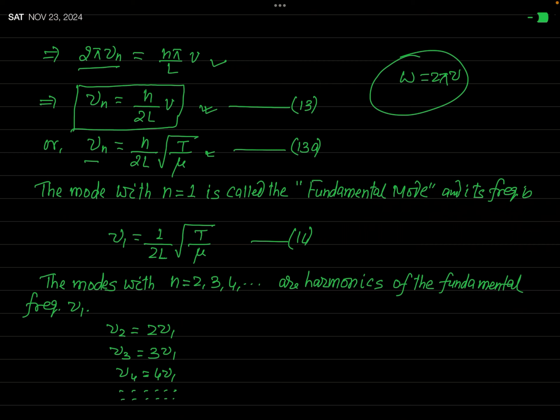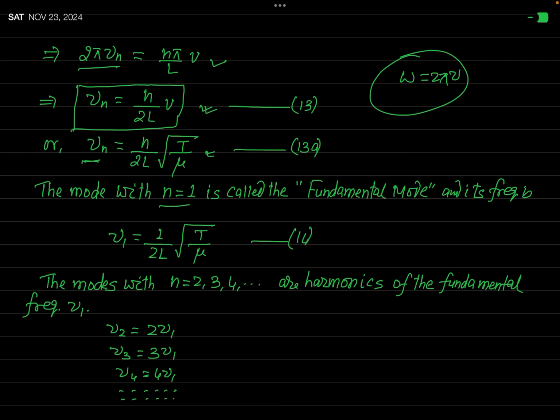Now you can see, if your aim is to find the least value of frequency, you have to take the least value of n, and you know the least value of n is 1. When we take n equal to 1, we get the smallest possible frequency of vibration of this string.